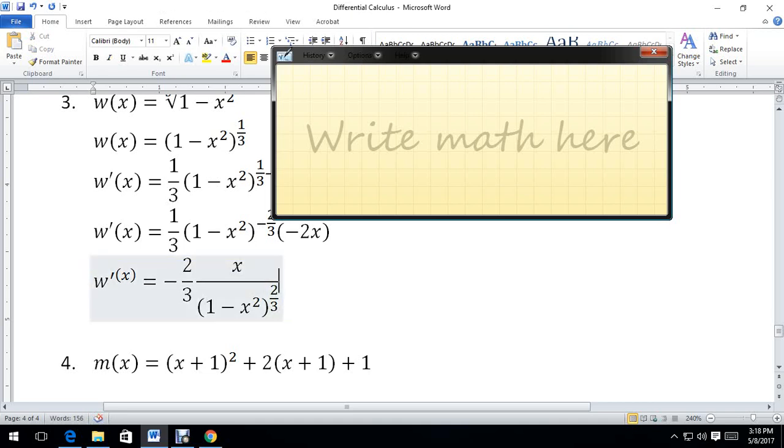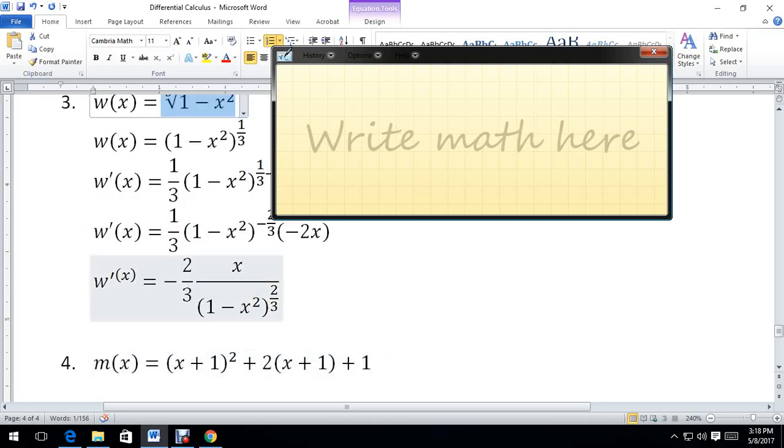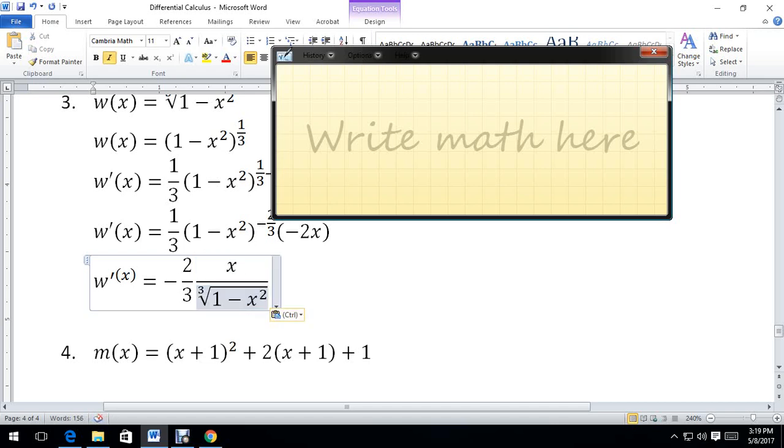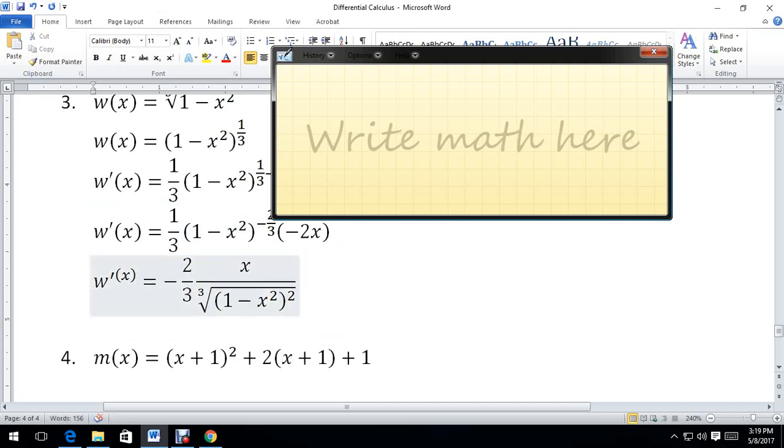And as for 1 minus x squared raised to 2/3, we could replace that with the cube root of, raised to 2. Right. So that would be raised to 2/3.